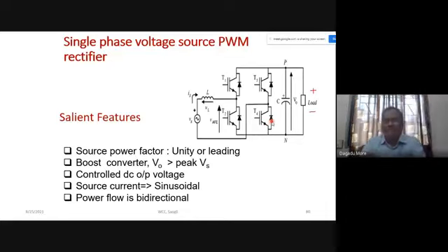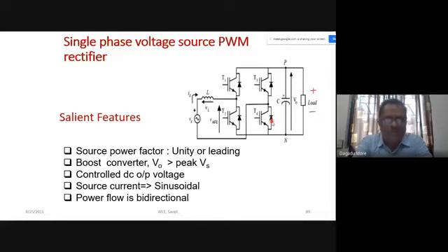What other option is available instead of IGBT here? Which other device can we use?